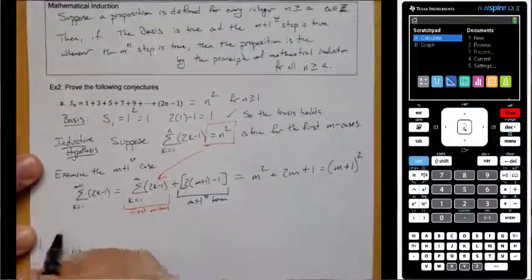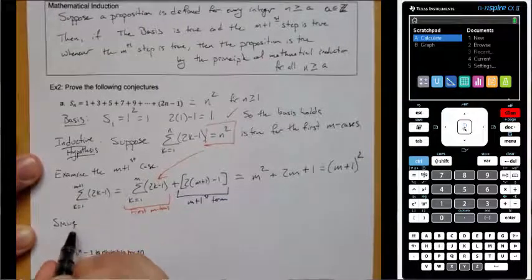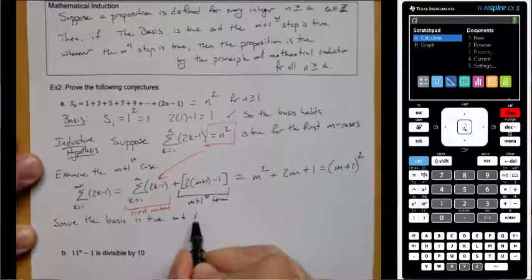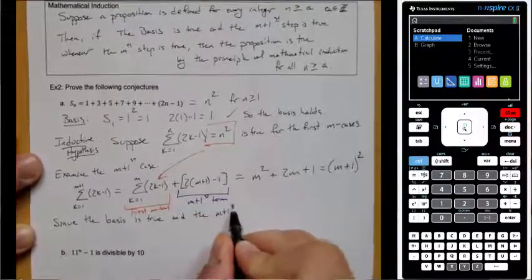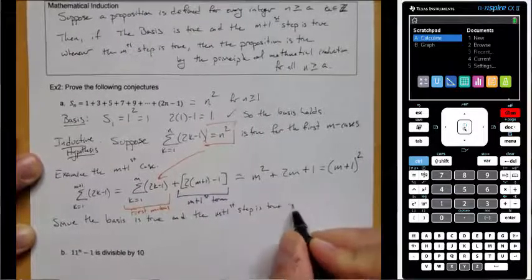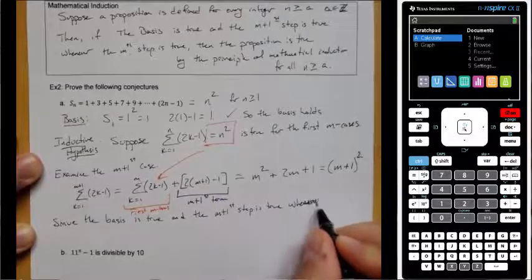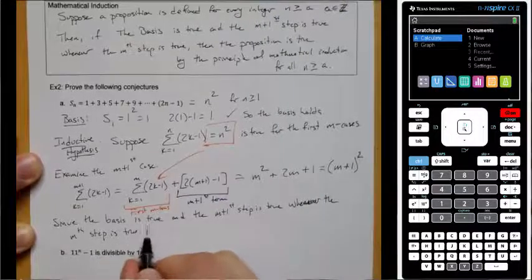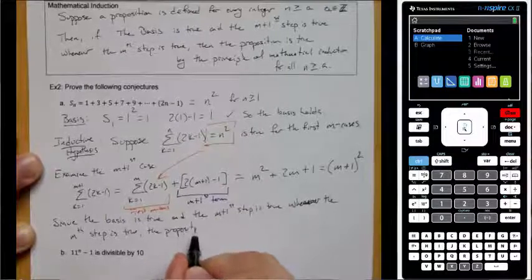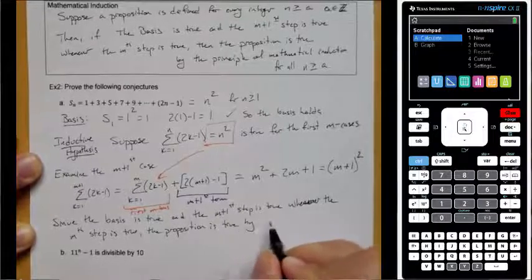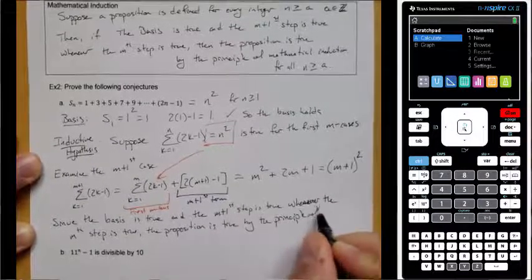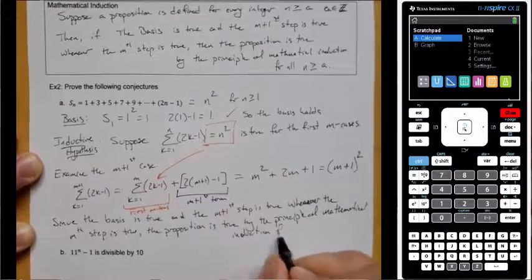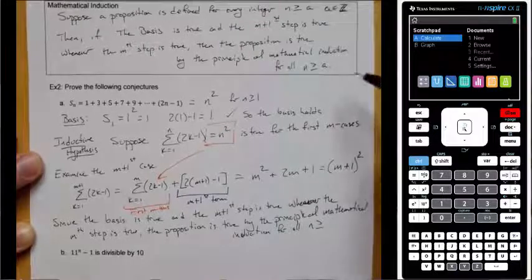So the final step of this proof is: since the basis is true, and the m plus first step is true whenever the m step is true, the proposition is true by the principle of mathematical induction for all n greater than or equal to our starting value, which in this case is 1.